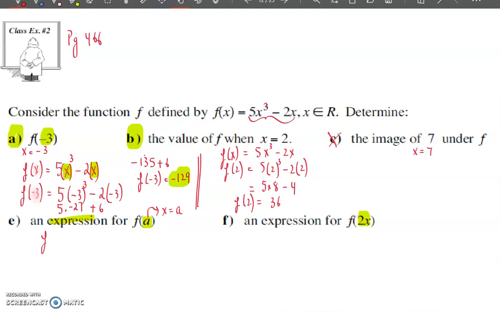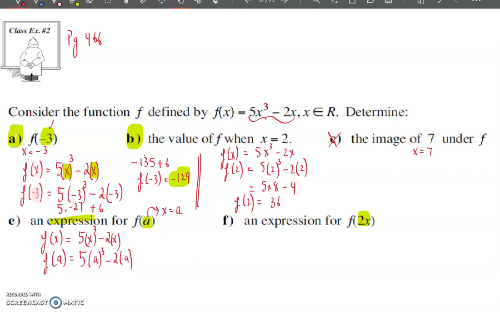So what's the point of it? I don't know. But they asked us to replace every x in this one with a. Earlier, they were giving us numbers to substitute. We're going to do exactly the same thing. Instead of x, we're just going to put a, and everywhere there's an x, I'm going to replace that with a. I can't really do anything else with it, so that's my final answer.